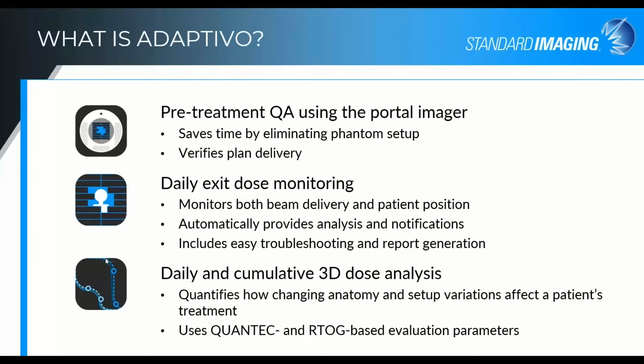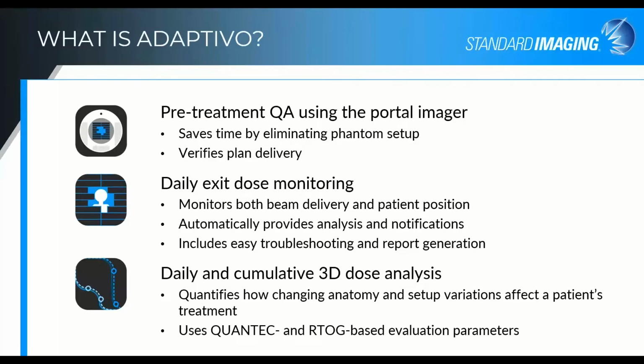The third module of Adaptivo is what we refer to as the adaptive module, and it provides daily and cumulative 3D dose analysis. In this module, one can quantify the changing anatomy and setup variations and how they affect the patient's treatment.